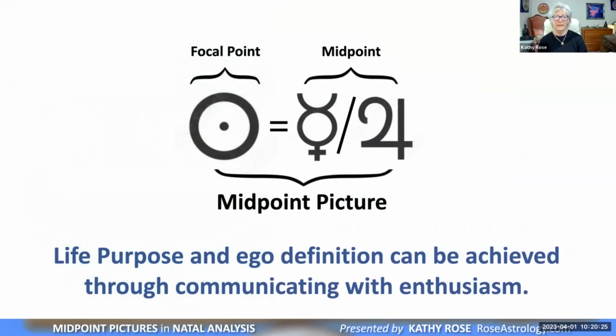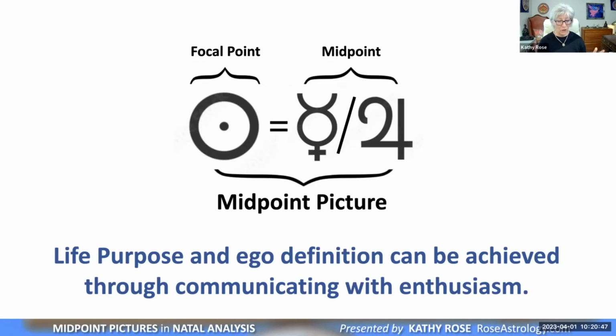So here's an illustration. I changed it somewhat, but Don has something similar to this in his book. And here we have the midpoint picture of the Sun equaling Mercury, Jupiter. So Mercury, Jupiter is the midpoint itself.